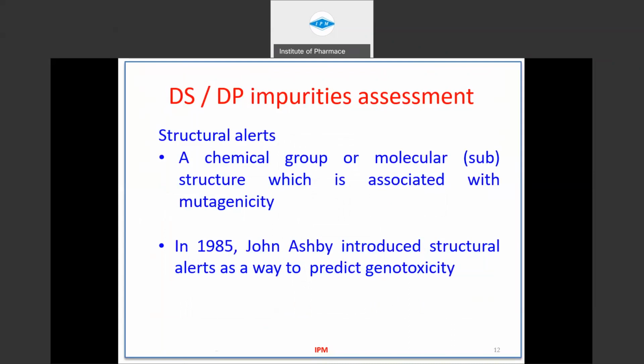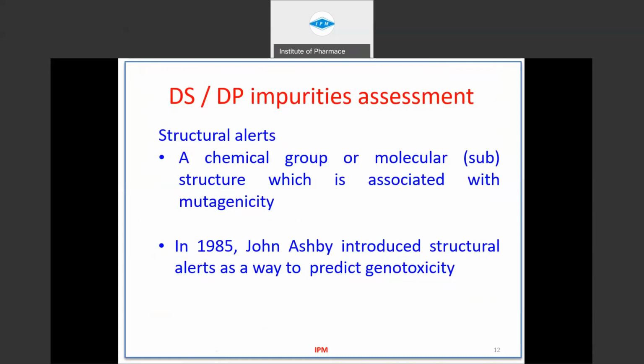Now, when we know about an impurity, if we write the balanced equations for the API synthesis right from the regulatory starting material, and we also write the possible impurities that may be generated stage wise, considering the carryover from previous step.